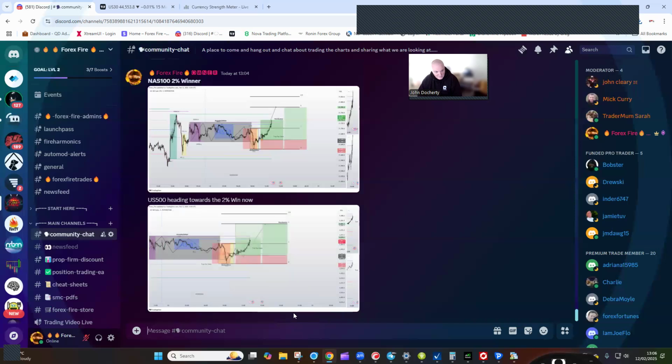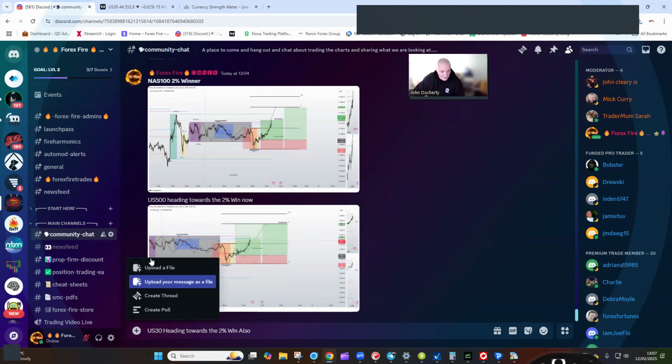And then we've got US 30 heading towards the 2% win also. So we've got US 500 heading towards the 2%.